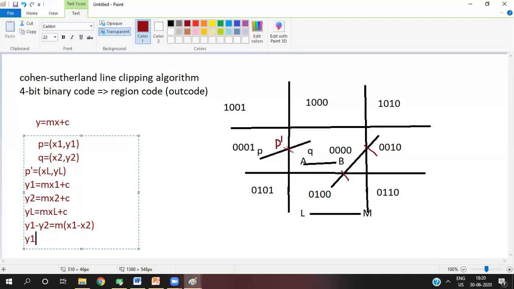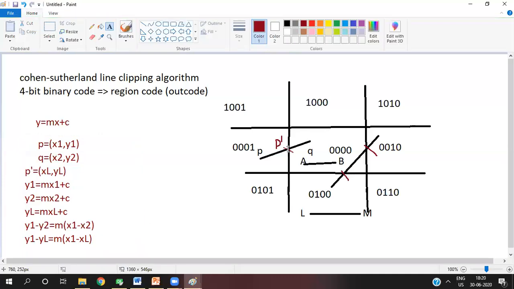So here y1 minus yl, if I want to calculate, is equal to m in bracket x1 minus xl. Yes, I can easily write this equation. What is the unknown part over here in this case? It is lying at the left side, so x w mean is known to you. So can I say this?